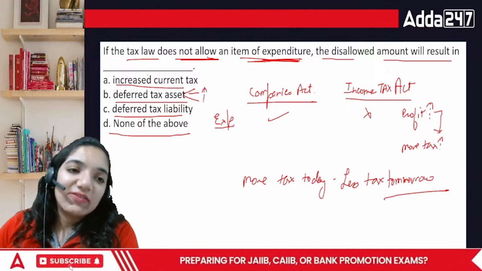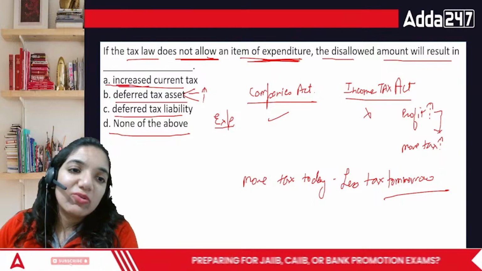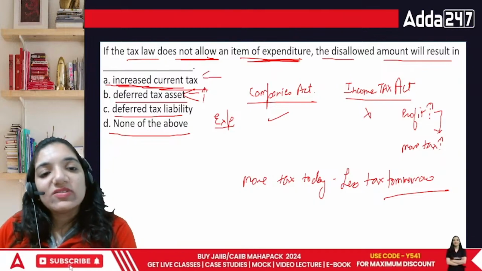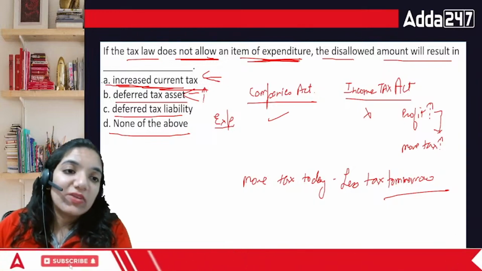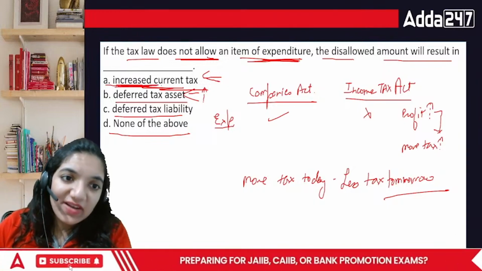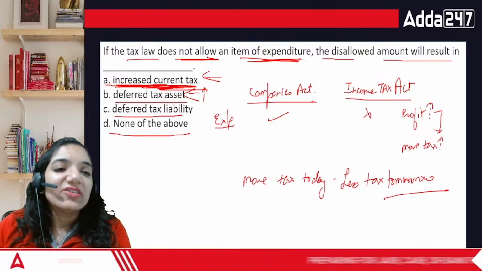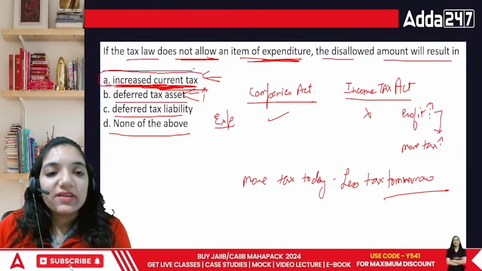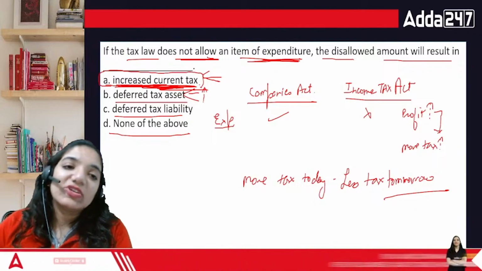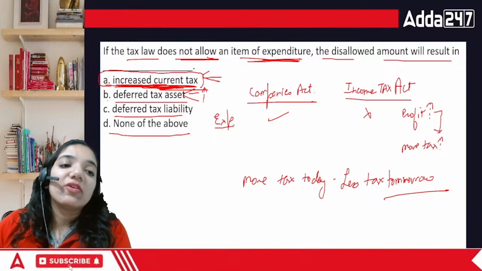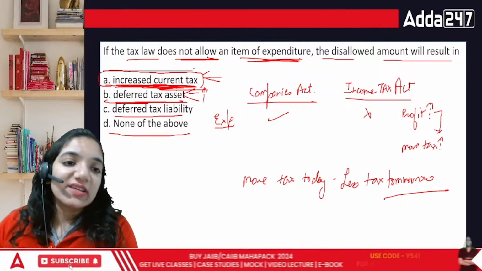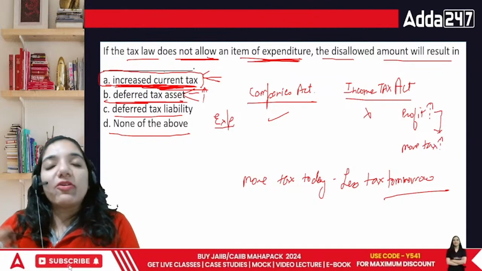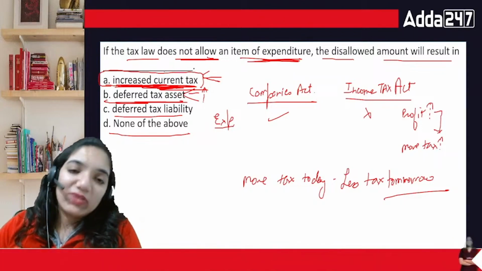There's an increase in deferred tax asset and this year you are paying more current tax as well. This is also correct. This is basically a question of the IIBF book. So I'll go for, they have specified increased current tax here. So this is the nearest answer. But as per calculation, this also forms the formation of deferred tax for the year. But in terms of current tax, yes. Since a profit is disallowed, you'll have to pay more tax.